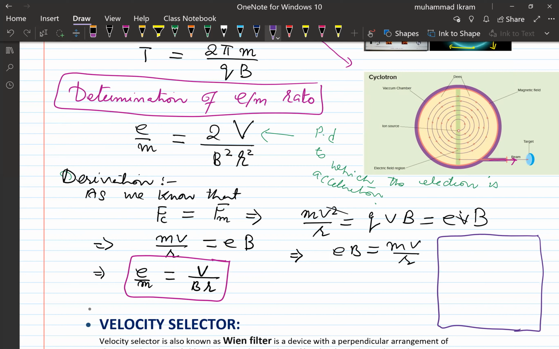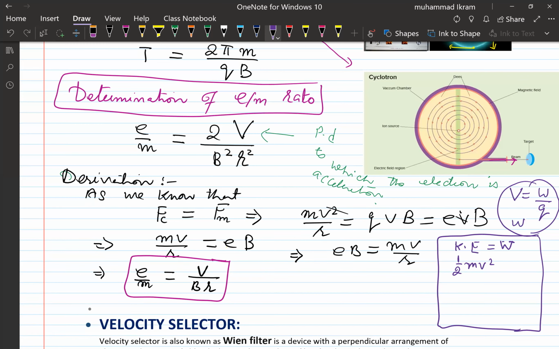We know that the kinetic energy of the electron will be provided by the potential energy of the electron at that point, and that is equal to the work done on the electron. So this kinetic energy is equal to half mv square. And we know about this W, that is, potential difference. Potential difference is work done per unit charge while moving it from one point to another.